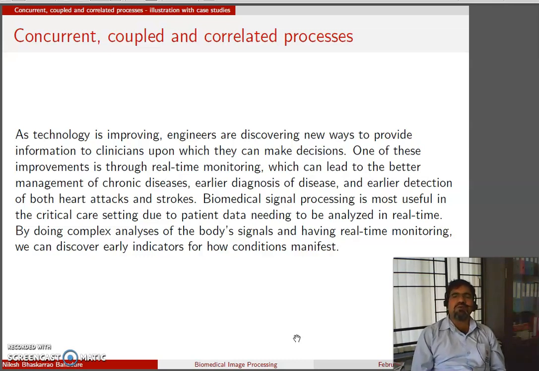Biomedical signal processing is most useful in critical care settings due to the patient data needing to be analyzed in real time. By doing complex analysis of body signals and having real-time monitoring, we can discover early indicators of how conditions manifest. It is important to relate the overall information.